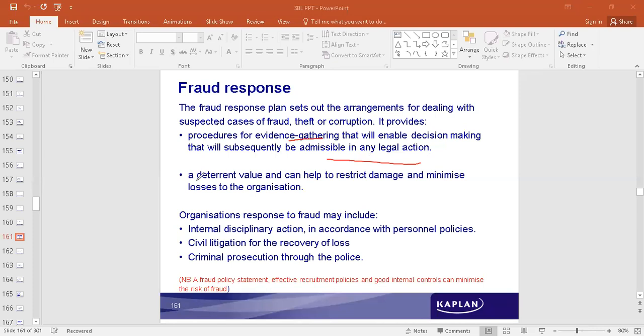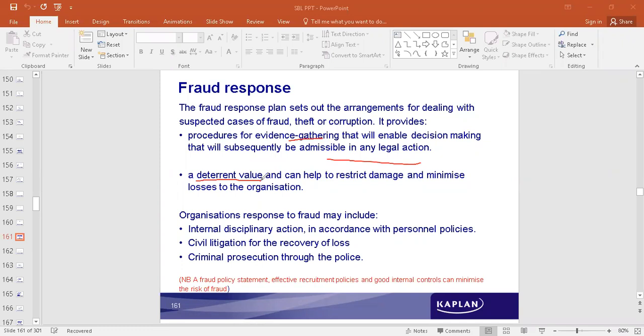Deterrence. What is deterrence? A deterrent value can help to restrict. The action that they take will ensure that such a thing will not be repeated again in future. If they are not very serious when fraud is detected, then people involved in fraud will gain confidence to do it one more time.